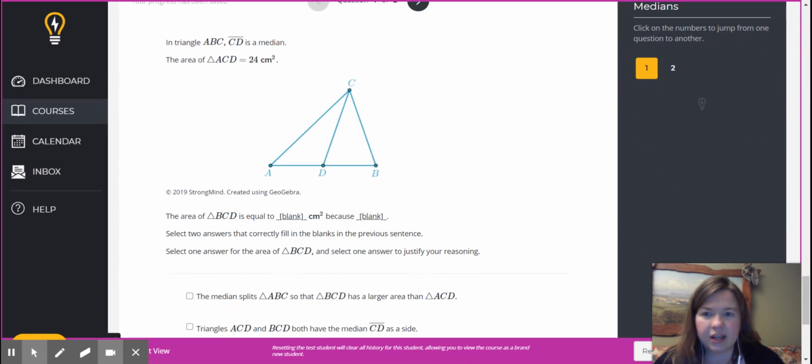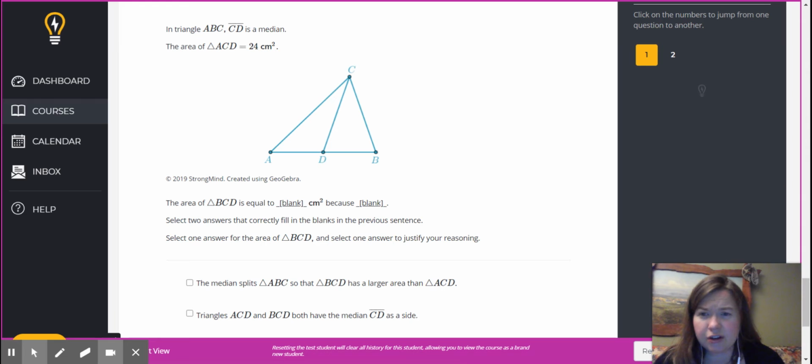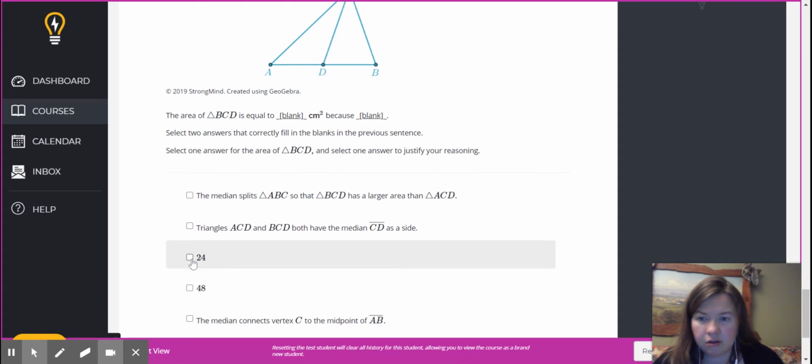All right, so then we come here. In this triangle, CD is the median. The area of ACD is 24. The area of BCD would also be 24, because the median splits triangle ABC. So BCD has a larger area? Nope.